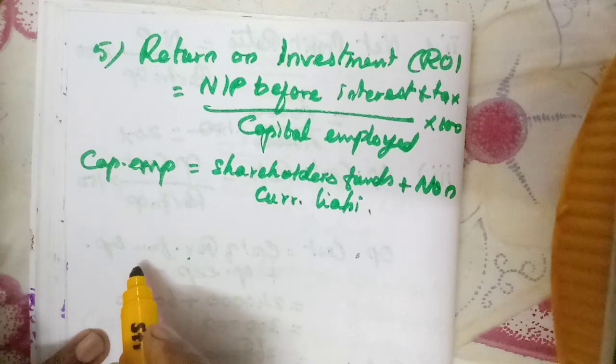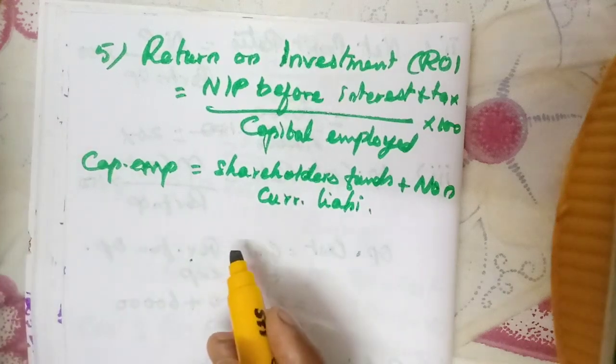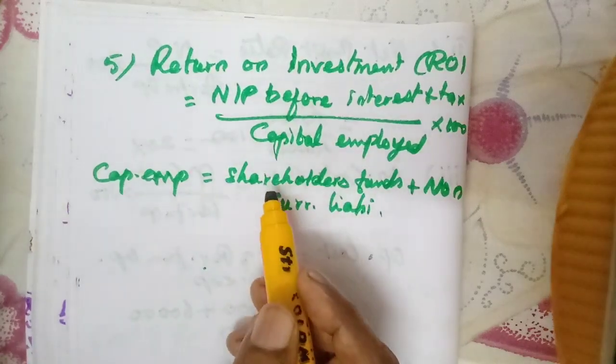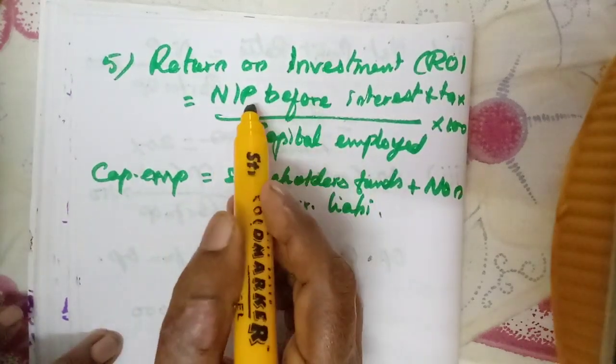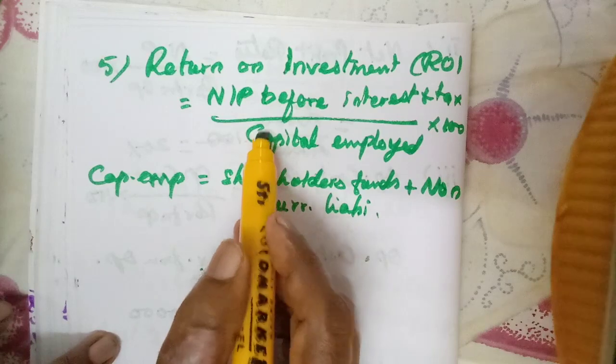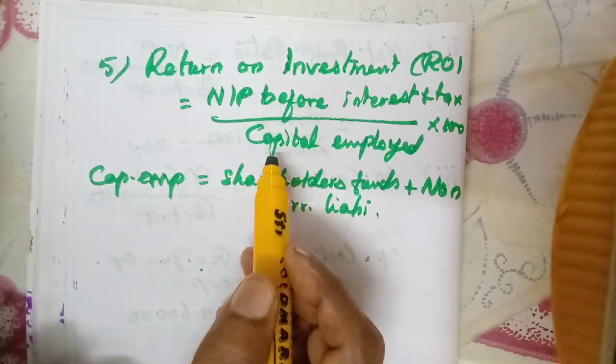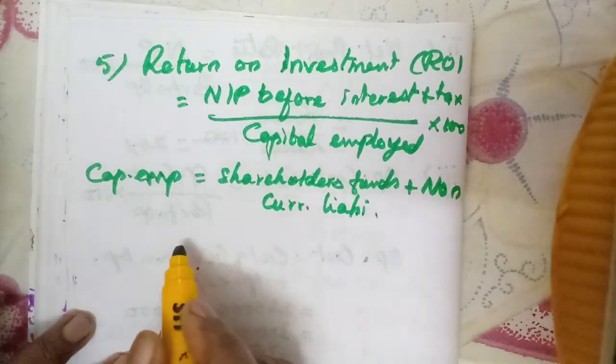That is called capital employed. This one we are calculating, how much the capital employed is used to make the profit. If the ratio is more, that means the organization is employing the capital in a good manner.